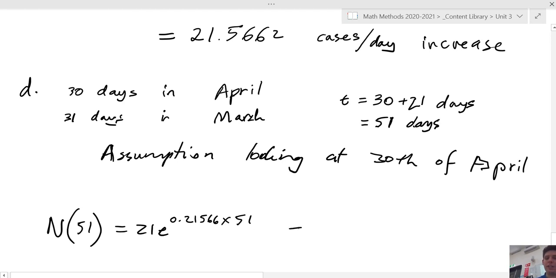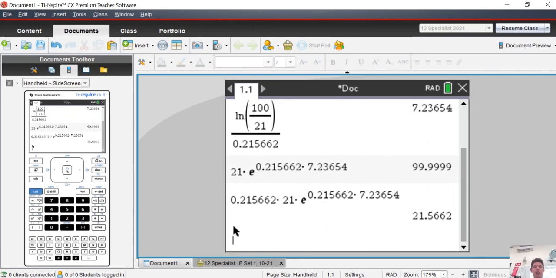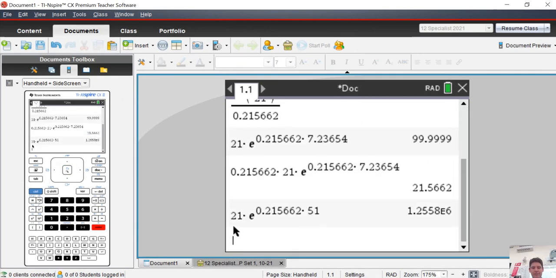Did anyone find out how many cases there could have been? 1.2 mil? I don't believe you, I'm going to do it myself. 1.2558.